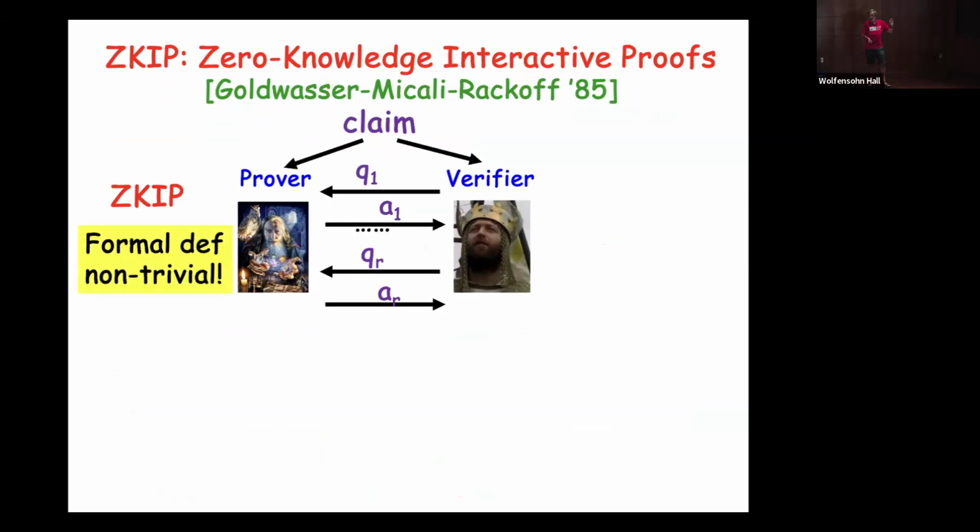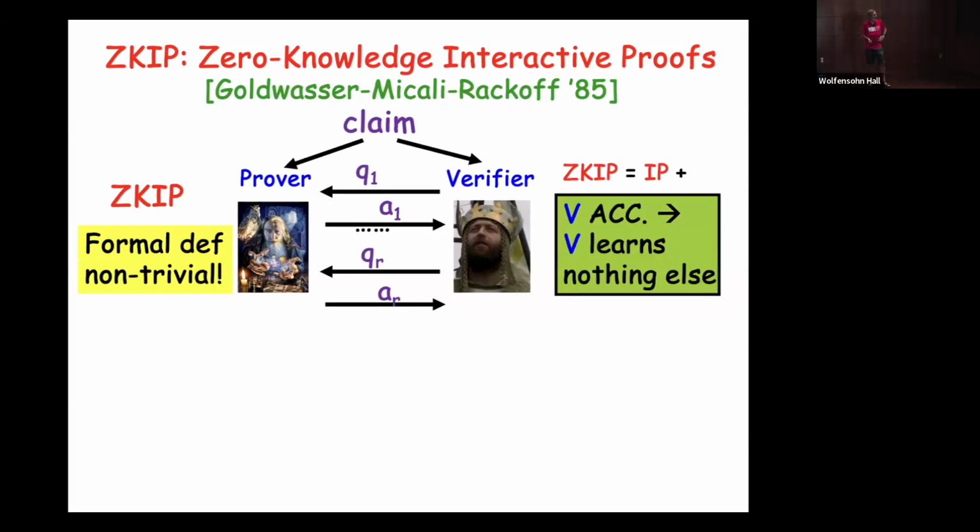Formally defining it is highly non-trivial, but the intuition of the definition is very simple. It's just what you think. It's an interactive proof plus the demand that whenever the verifier accepts, namely this becomes a theorem in our proof system, it learns absolutely nothing that it didn't know before, except that the claim was true.